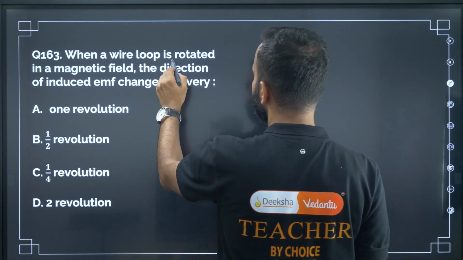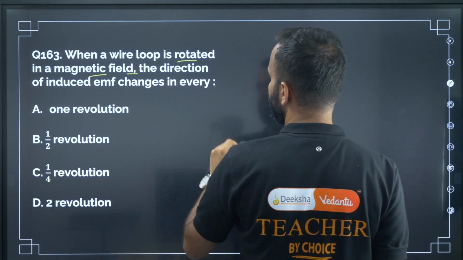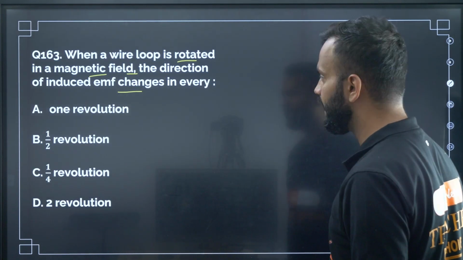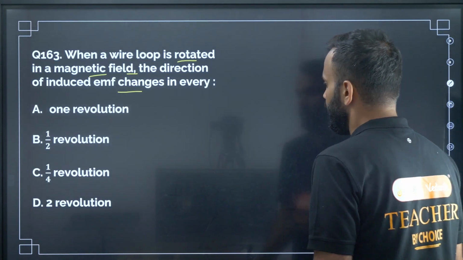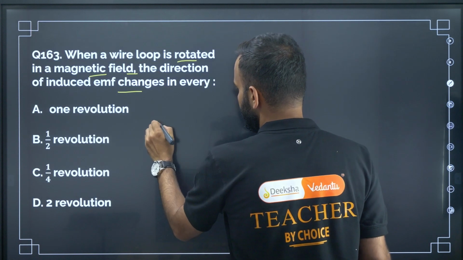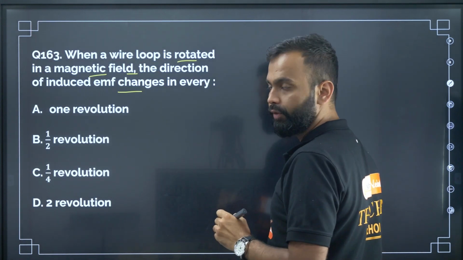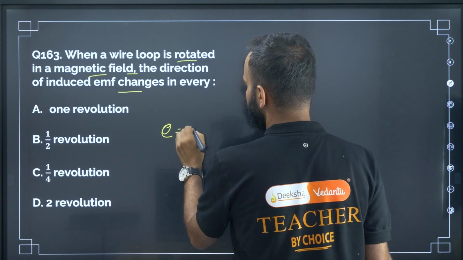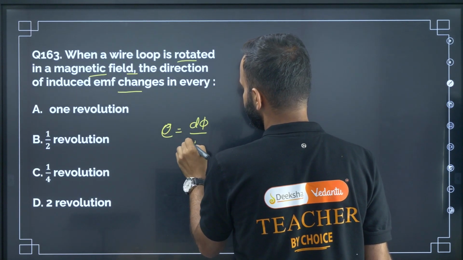When a wire loop is rotated in a magnetic field, the direction of the induced EMF changes in every what? Here we know that the induced EMF E equal to minus d phi by dt.